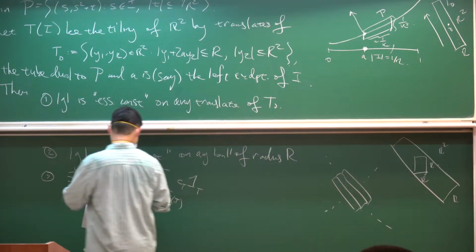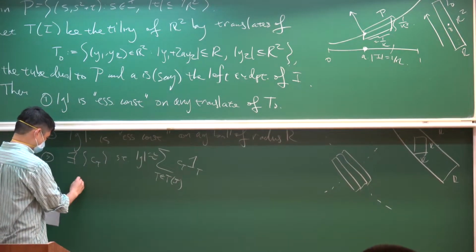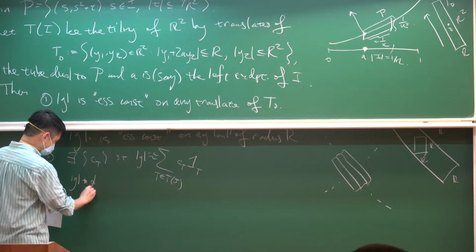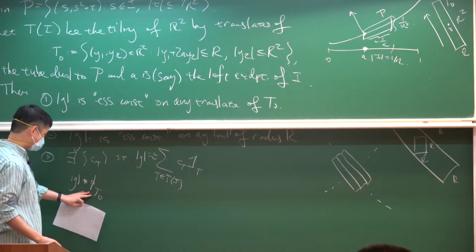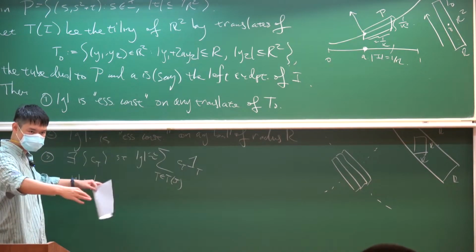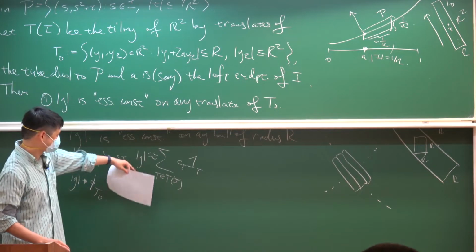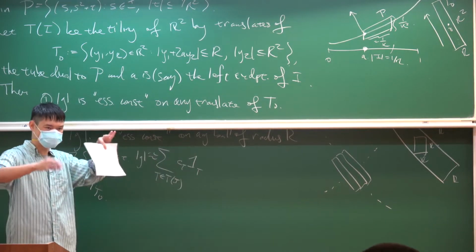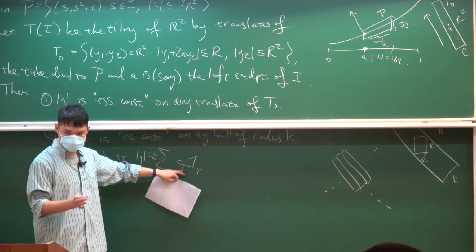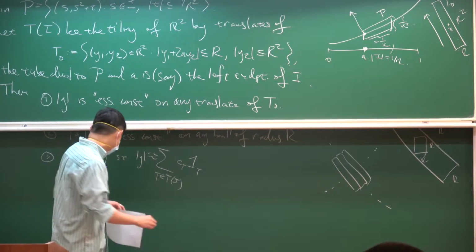Rigorously, as I mentioned last time, one way to do this is to not work with G itself, but to work with G convolved with a function that is about 1 on T naught and decays polynomially outside, and you'll realize that it's truly essentially constant up to a multiplicative factor. You can write out what these constants are, but they don't really matter in the proof. So that's the rigorous version.